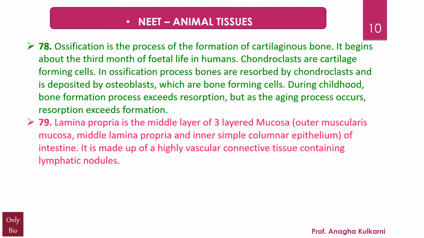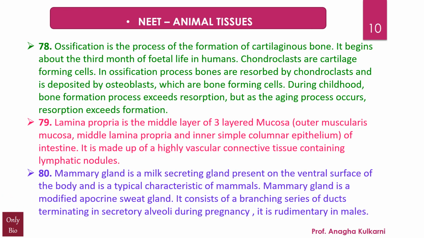Point number 79. Lamina propria is the middle layer of three-layered mucosa, that is outer muscularis mucosa, middle lamina propria, and inner simple columnar epithelium of the intestine. It is made up of highly vascular connective tissue containing lymphatic nodules. Point number 80.